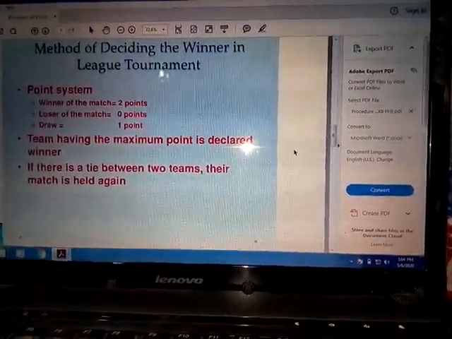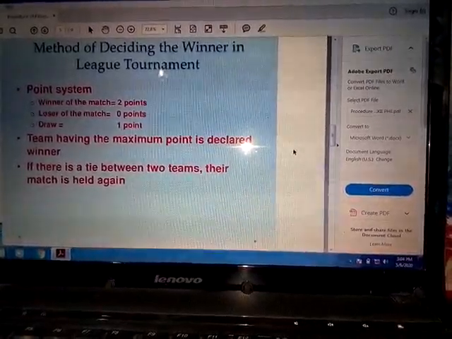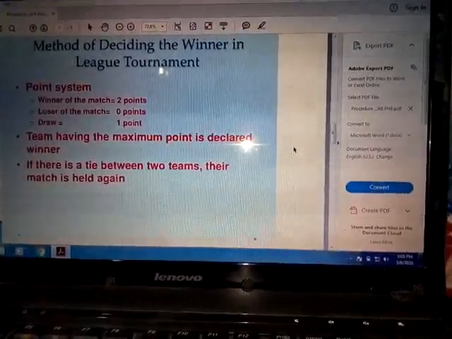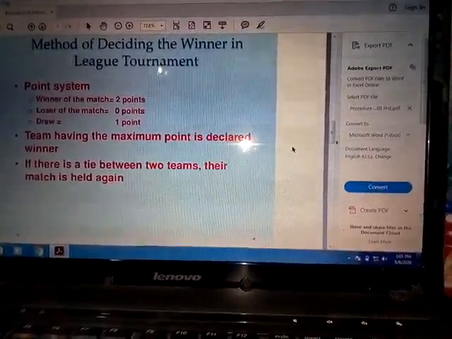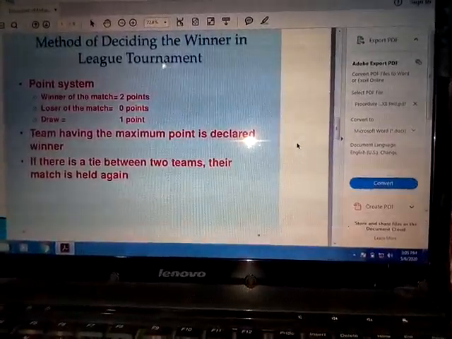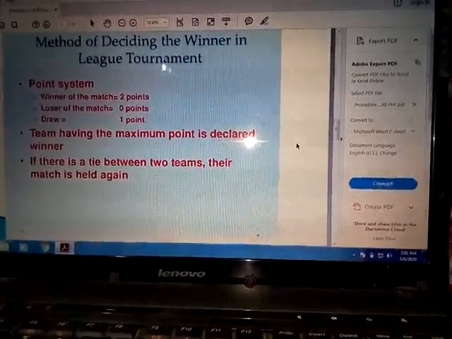It is very simple. In league tournaments, the teams are going to play 3, 4, 5 matches, and the team who won the maximum matches will score the maximum points. So the team who won the maximum matches is declared the winner or champion of the tournament.